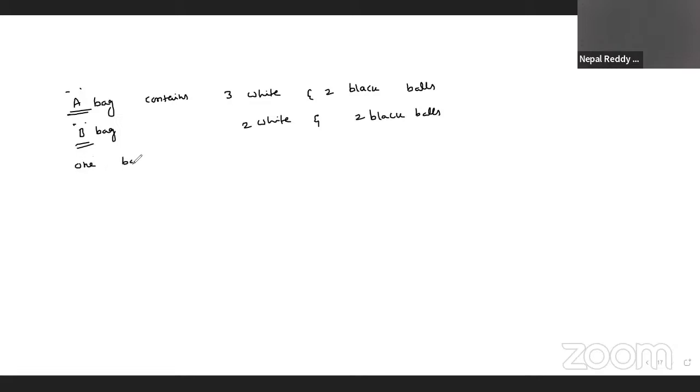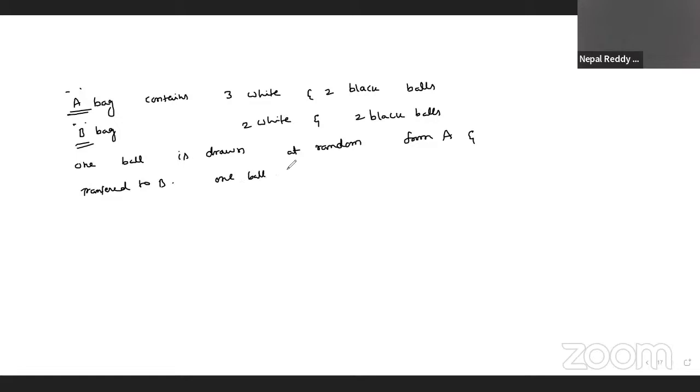Given that one ball is drawn at random from the first bag A and transferred to B, and it is transferred to the bag B. One ball is selected at random from B and is found to be white.